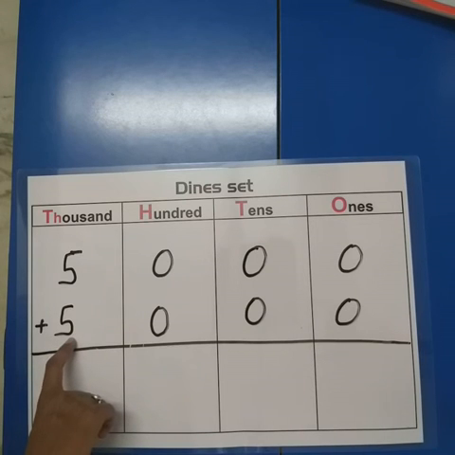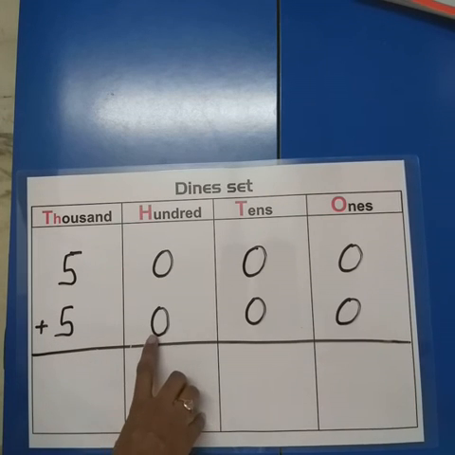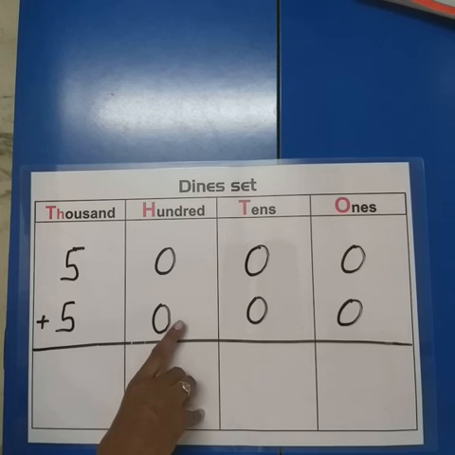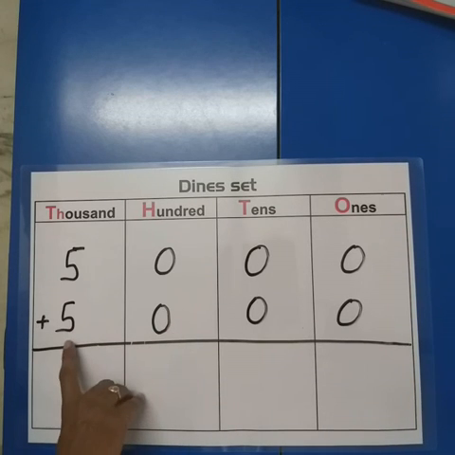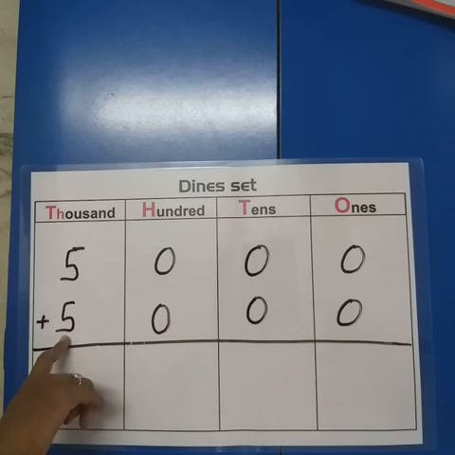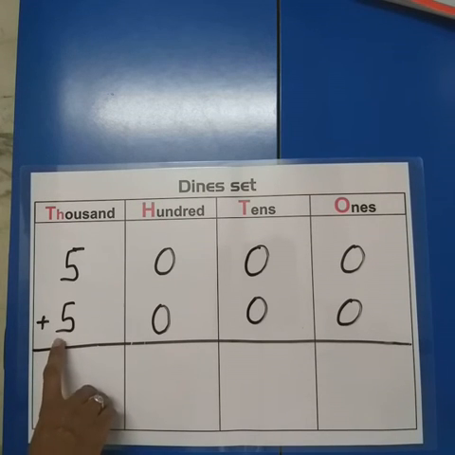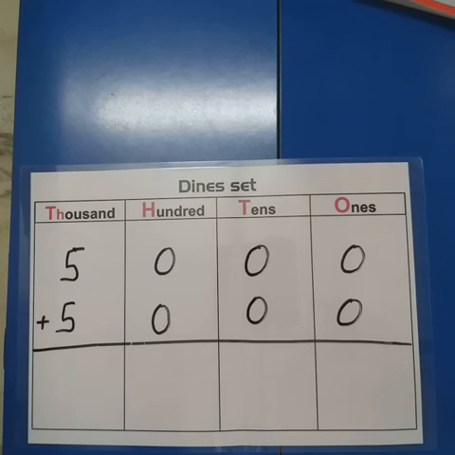We have already changed it at this place. Why did we change? Because we had 6 at the hundreds place, that was more than 5, so we will change our thousands place. We will add 1 to 4, it will become 5, and the remaining places will become 0.